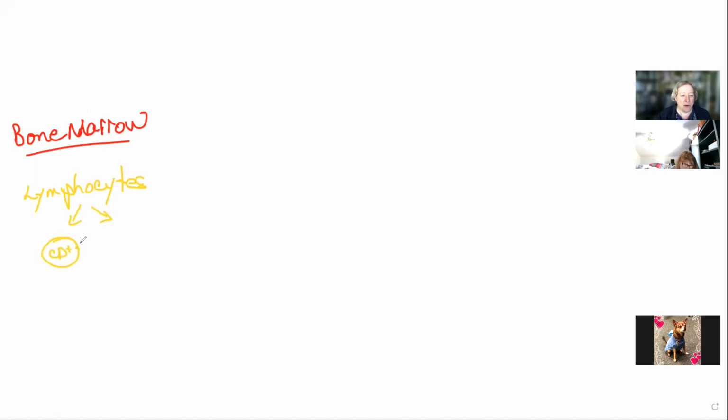So off in the bone marrow, okay, we get baby lymphocytes. And they differentiate into the point where they become CD plus 4s and CD plus 8s, okay? And B cells.